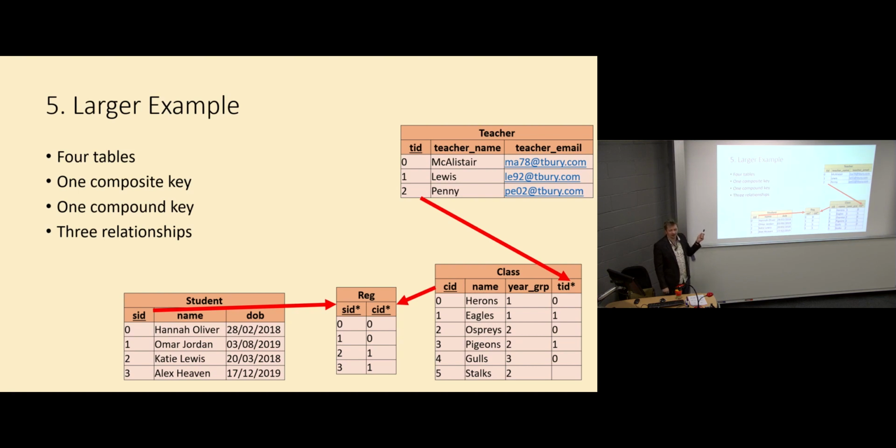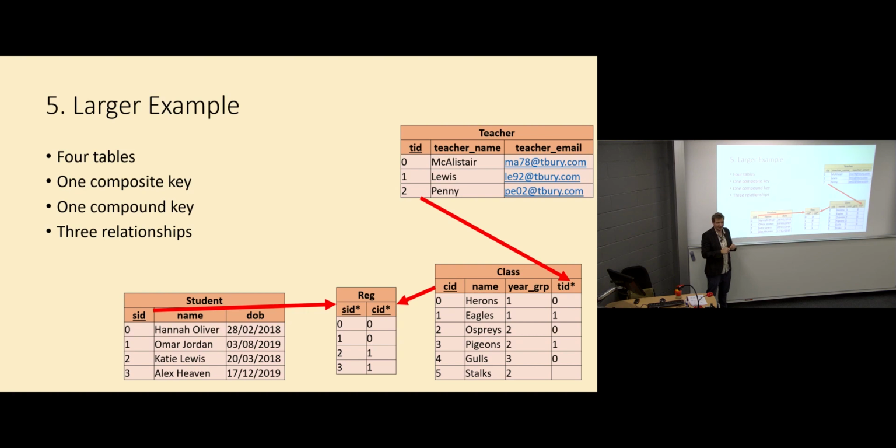Where's the composite key here? Registration. How about the compound key? Where's the compound key? Class? Not quite. So this is a composite key. What else? TID? No, that's a foreign key.